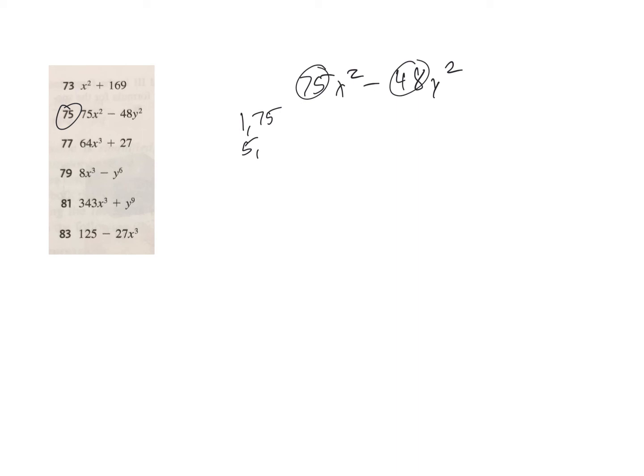Let's see, 15 times, 3 will go into it, 3 and 25. I'm not sure, I think that might be it. So let's see what we have here. 1 and 48, 2 and 24, 3 will work. That'll be 16, 4 and 12, 5 doesn't work, 6 and 8.